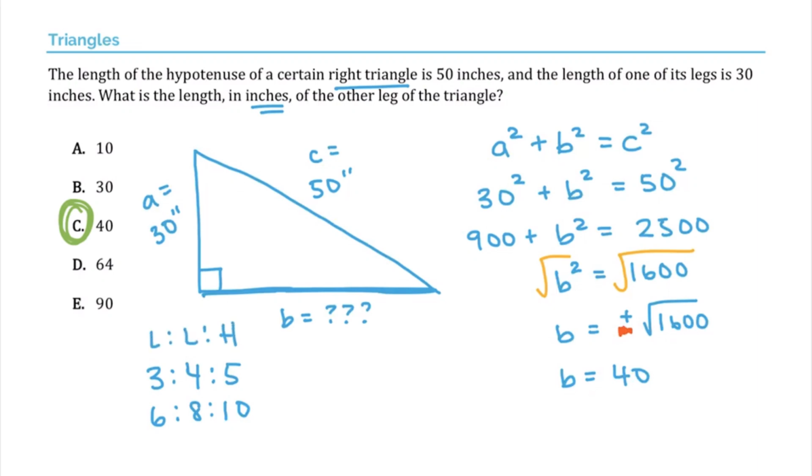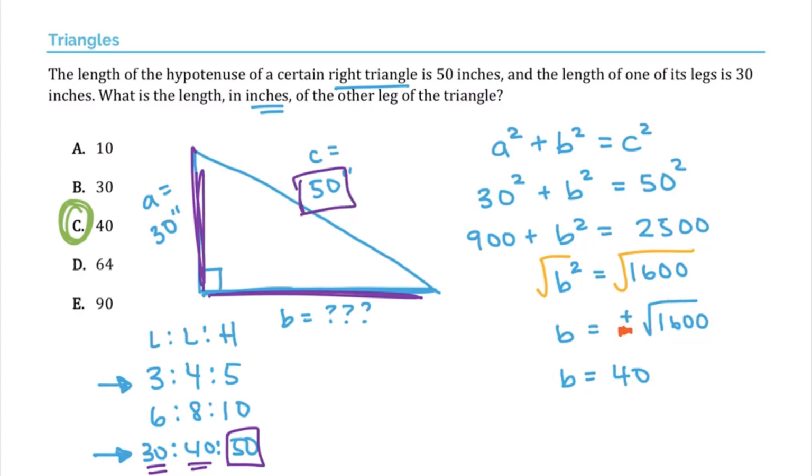So if you look carefully, what happens if we start with that original 3, 4, 5 and multiply everything by 10? We get 30, 40, 50, which guess what is exactly what we just had in this question. So we had a leg of 30 and a leg of 40. Here was 30, here was 40, and then we had a hypotenuse of 50.